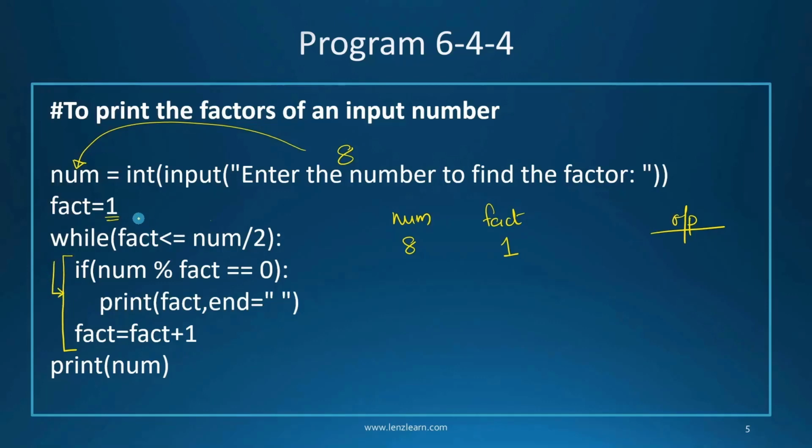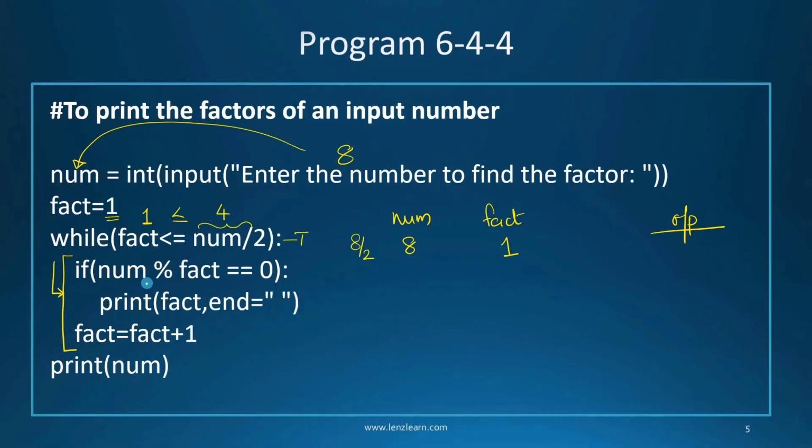Okay, so now first I will check 1, that is the value of fact, is less than or equal to num divided by 2. You can see the value of num is 8, so 8 divided by 2, the value that I have here is 4. So I am checking 1 is less than 4, that is true. So now I will get into the while loop.